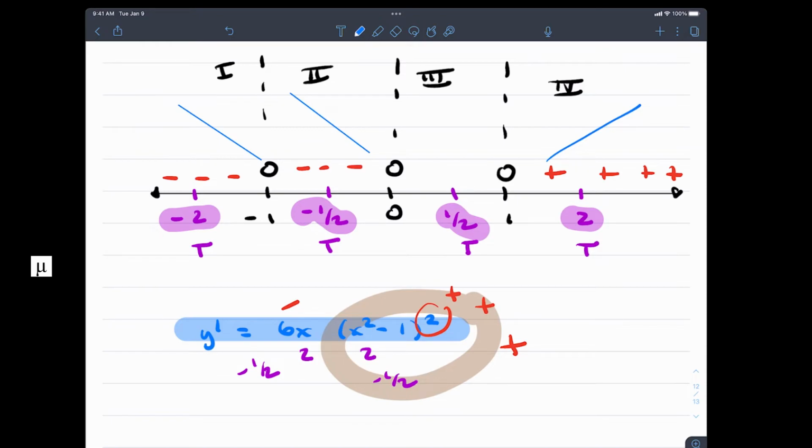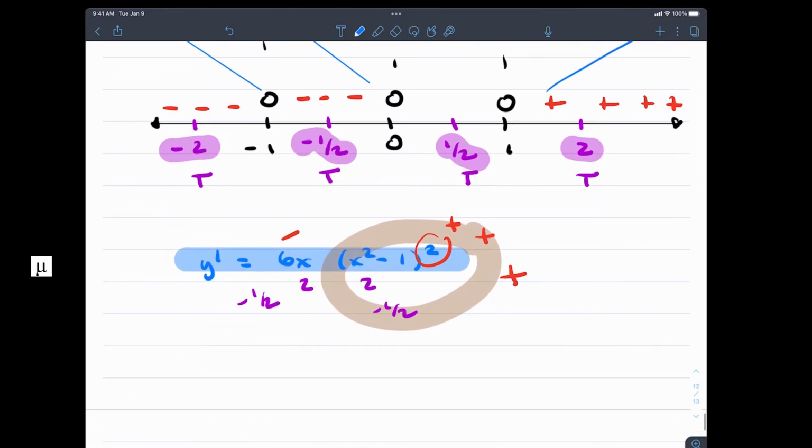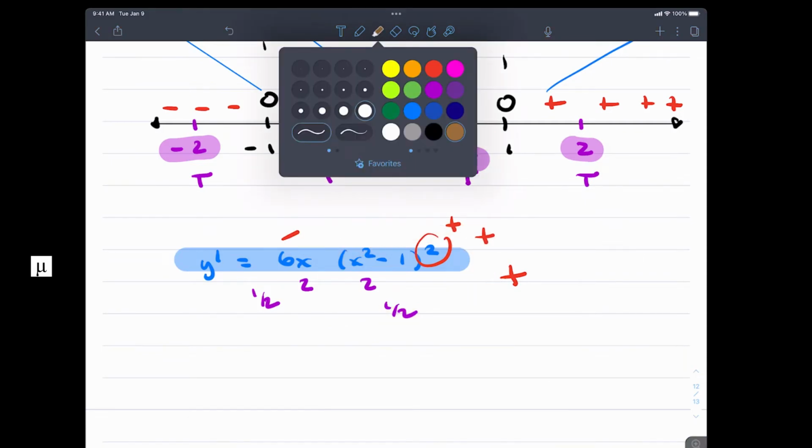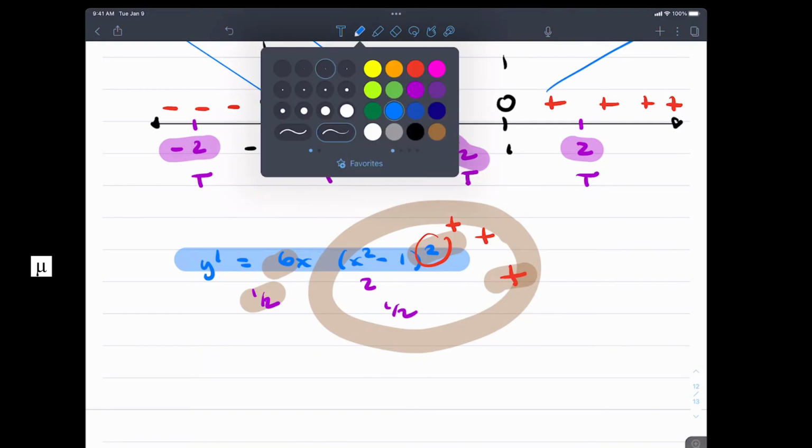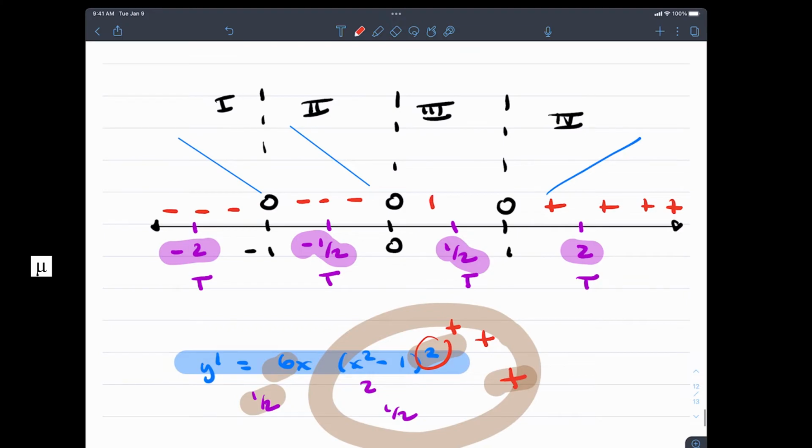I got the cliff situation there because that's negative, negative, right? Now use positive 1/2. What happens with positive 1/2? Again, over here, because I'm squaring, I'm going to have a positive number again. But this time, 6 times positive 1/2 is a positive number. Is that right? So region 3 is going to be positive. And there you go. There it is.